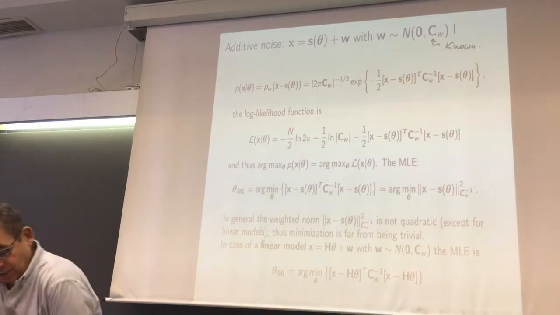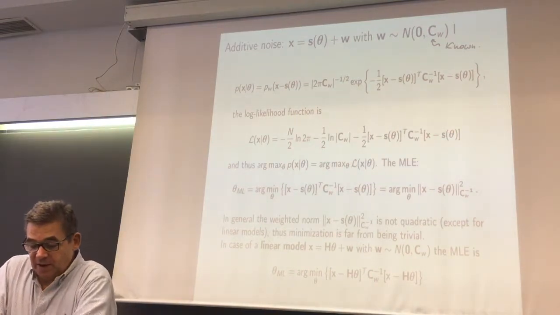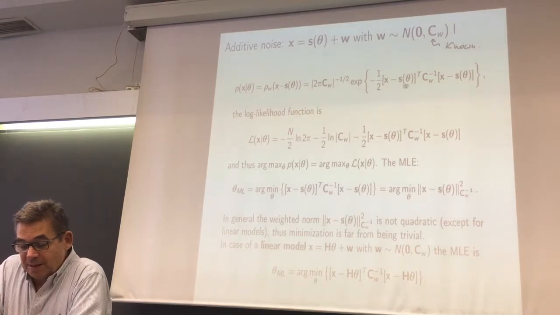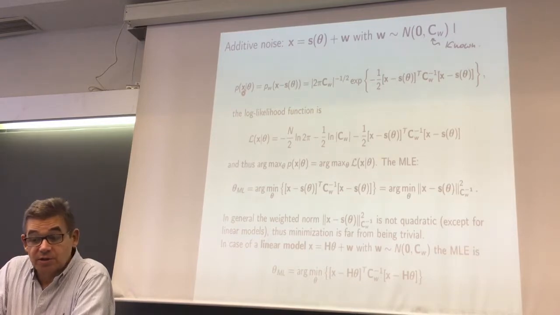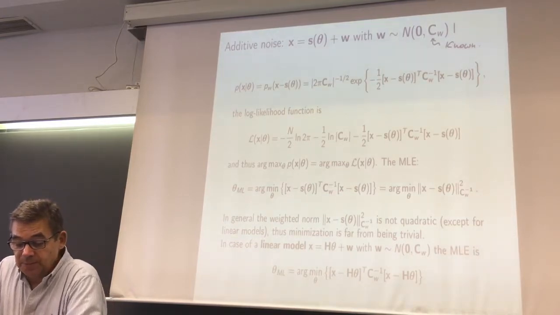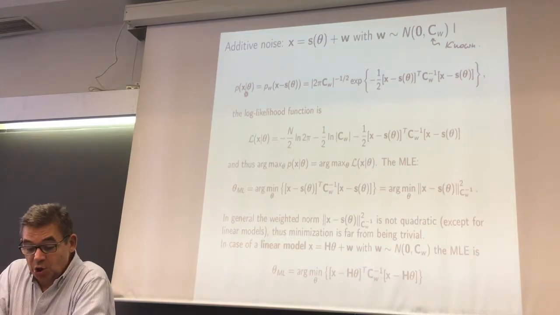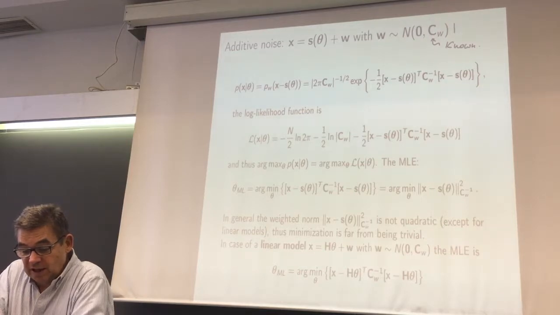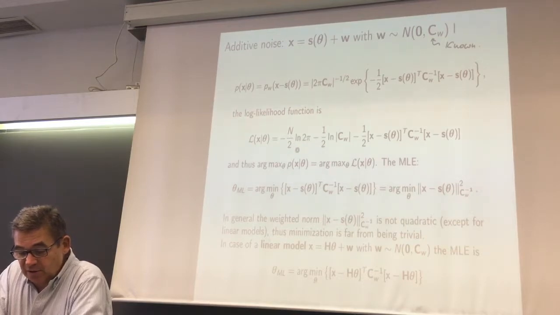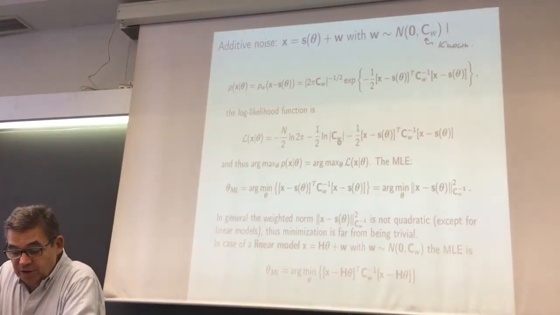So anyway, now this is the probability density function written parametrically according to the model. This is the likelihood function. In order to find the optimal solution, I can calculate the logarithm of that. When I calculate the logarithm, I indicate it as calligraphic L, and it is equal to some scaling factor, then minus 1/2 the logarithm of the determinant.